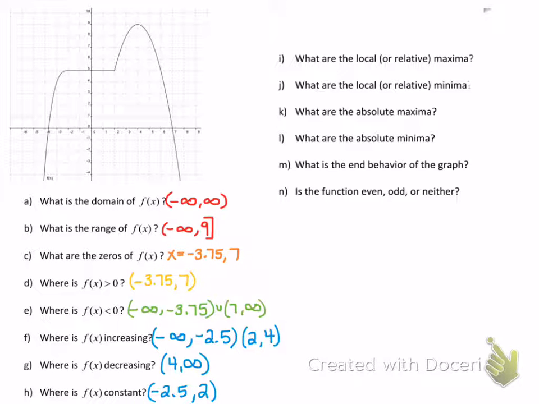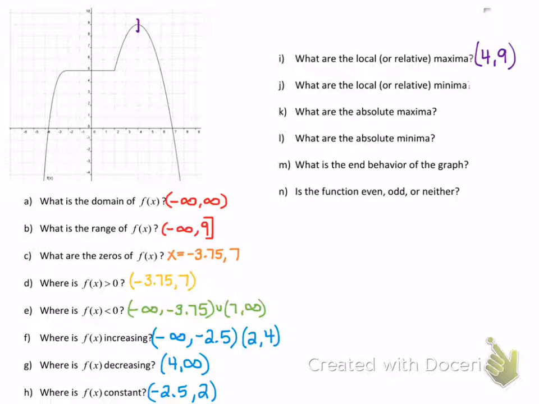Okay, so it says local, so we're looking for local or relative maximums. Well, for this one, we only have one right here. I understand it changes directions here and here, but that's not a peak. That is not a true mountain top. So we are going to stick with just this one here, which is at (4, 9).